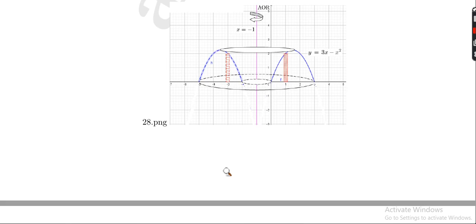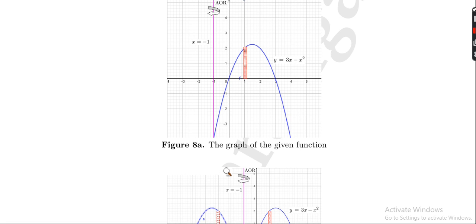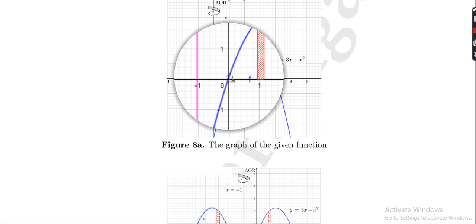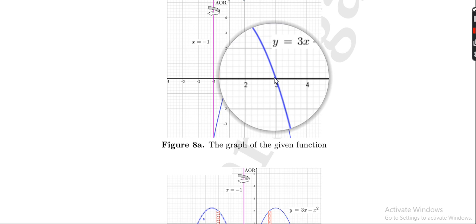Now again, going back to the illustration, the region is bounded at the left by the y-axis, so that is x equals 0, and it is bounded at the right by this point of intersection at the x-axis, and that is (3, 0).